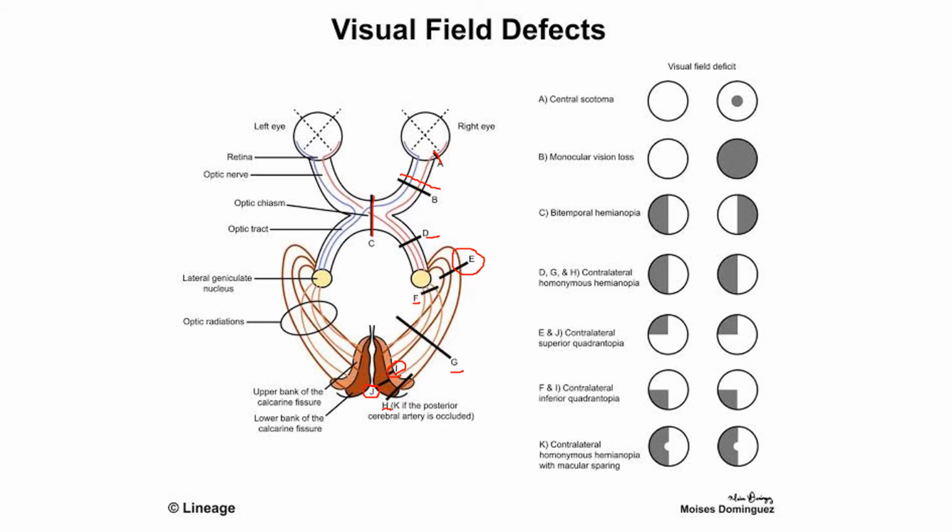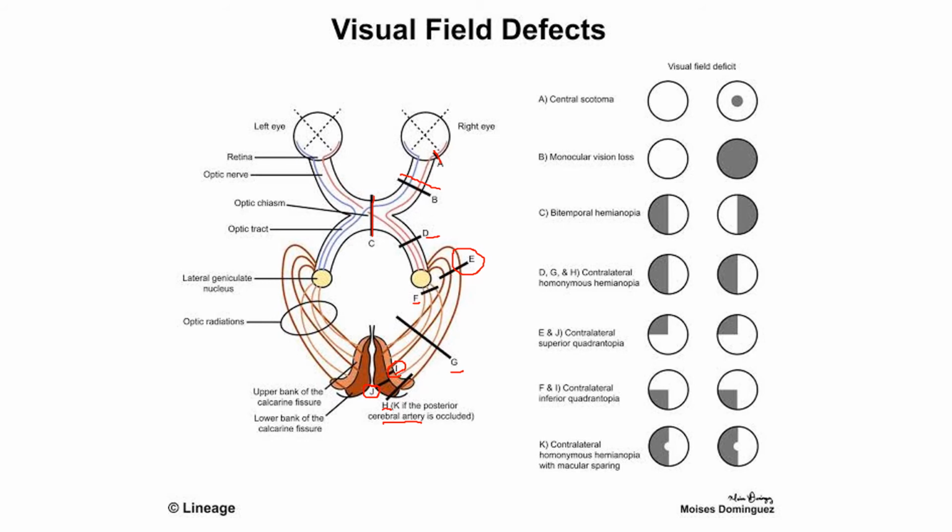Okay, and then kapag sa K, okay, if the posterior cerebral artery is occluded, you would develop a contralateral homonymous hemianopia with macular sparing. So, ganyan yung makikita nyo. Okay? It's a half siya, half of the view, and then meron pang kalahating circle. So, mukha kang sumisilip sa susian na incomplete.